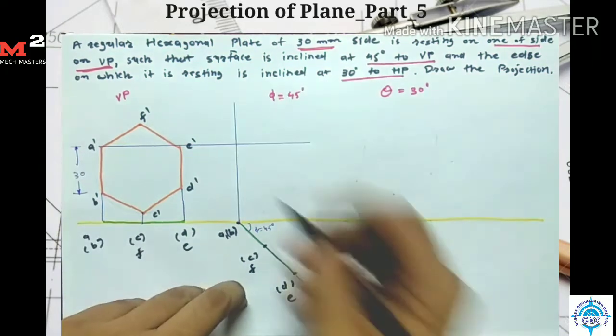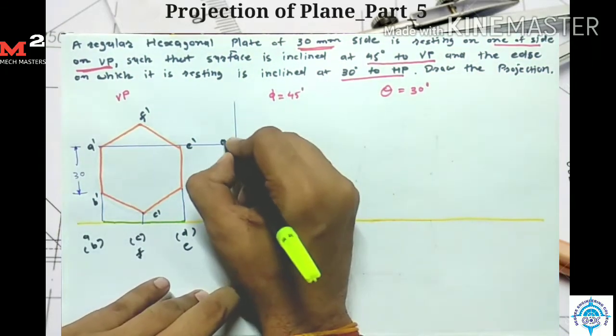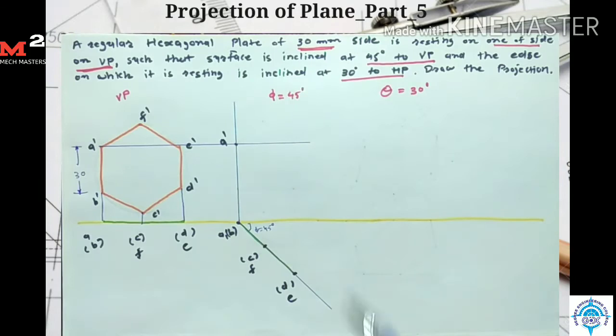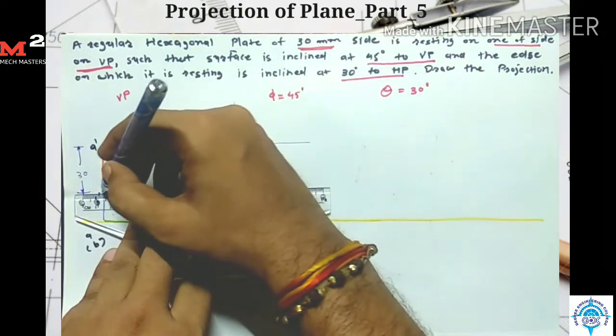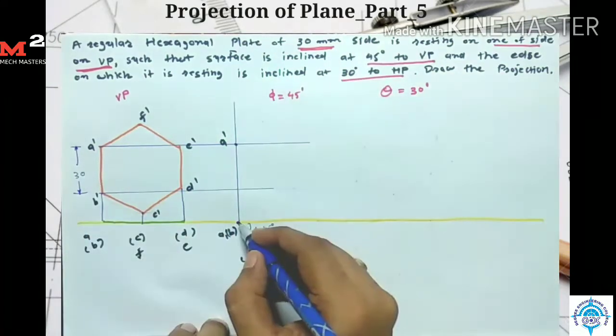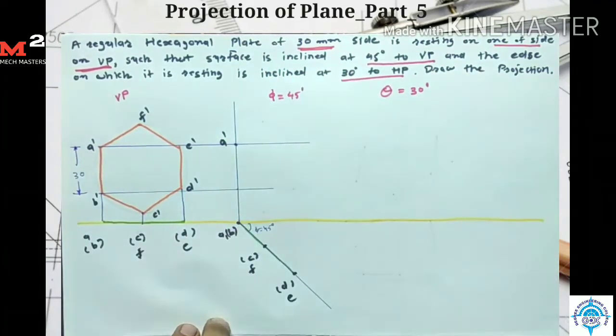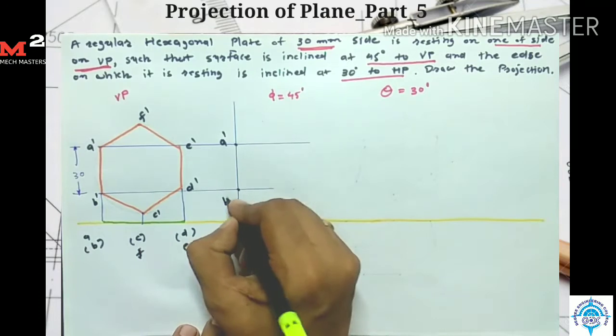So here I get my point A dash. Now for point B, I take the projection from here and from here. So here I get my point B dash.